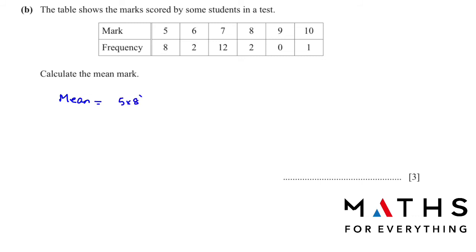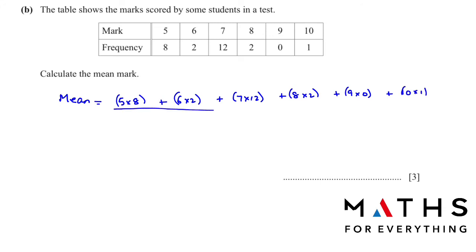So 5 multiplied by 8 plus 6 multiplied by 2 plus 7 multiplied by 12 plus 8 multiplied by 2 plus 9 multiplied by 0 plus 10 multiplied by 1. Many questions, the ones that have more marks, they are very easy to solve. You just need to know your formulas, when to use what.